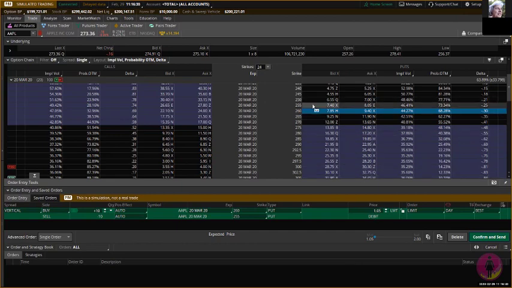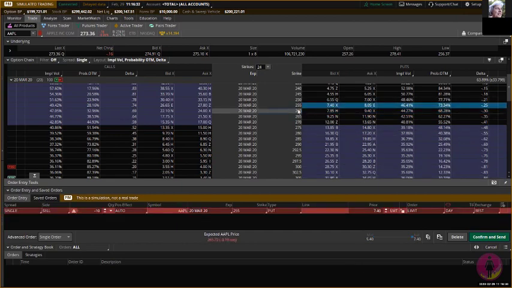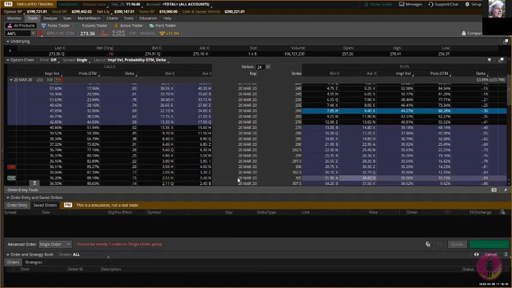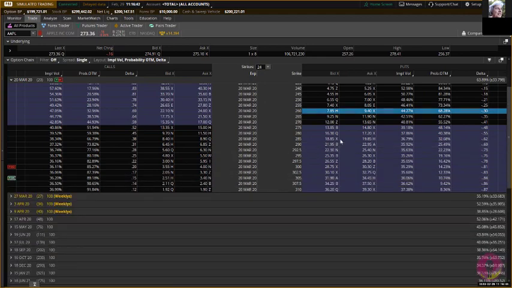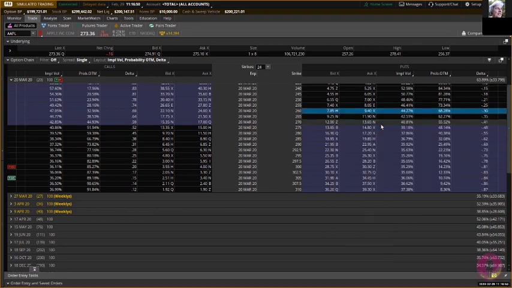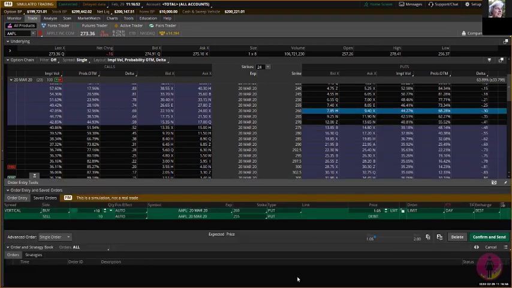Just delete it and buy it again. 260, buy vertical. Correct. Now it's a debit spread.